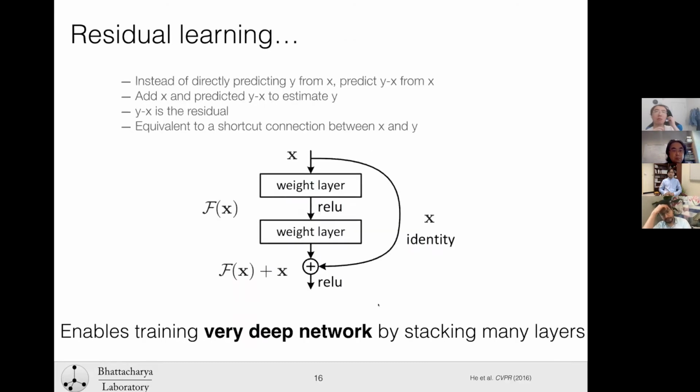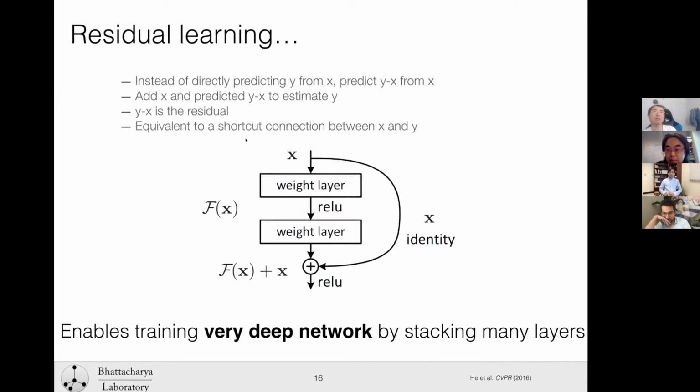One such architecture, which it turns out is used in the AlphaFold method as well, is residual learning. In residual learning, instead of trying to predict the output Y from the input X, we predict Y minus X from X, and then we add X to the predicted Y minus X in order to estimate Y. And this Y minus X is called the residual.